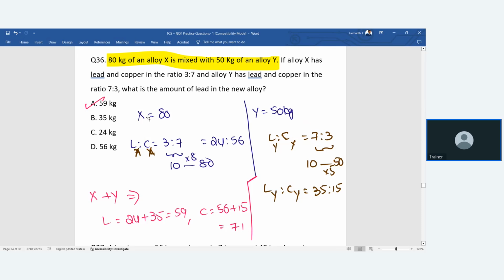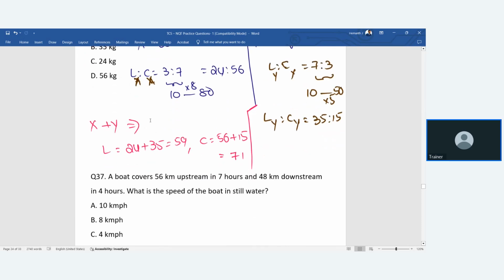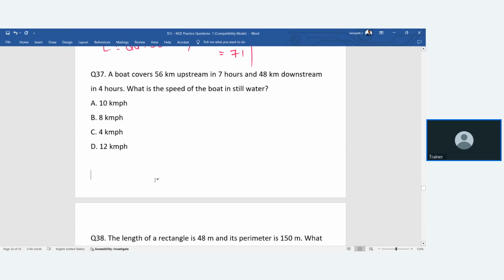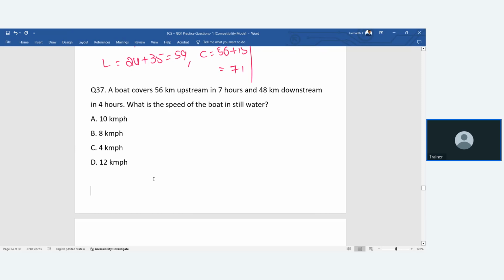Okay, now see the next one. A boat covers 56 km upstream in 7 hours and 48 km downstream in 4 hours. Speed of boat in still water is the question.